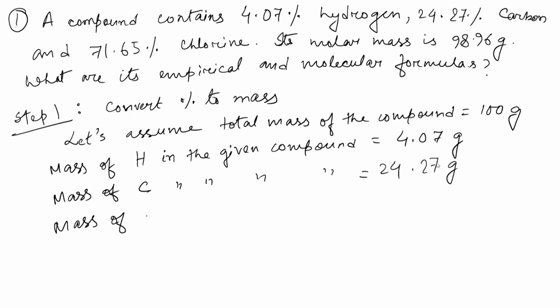Mass of chlorine in the given compound is 71.65 grams. Okay, so we have converted percentage to mass. This was the step 1. Now, step 2. In the step 2, we have to convert mass to number of moles.